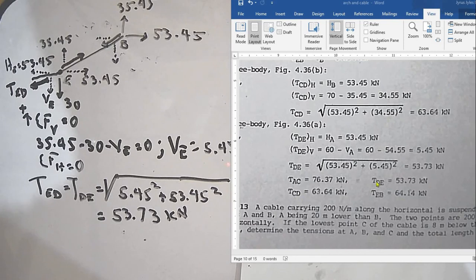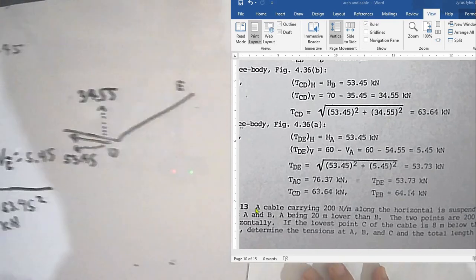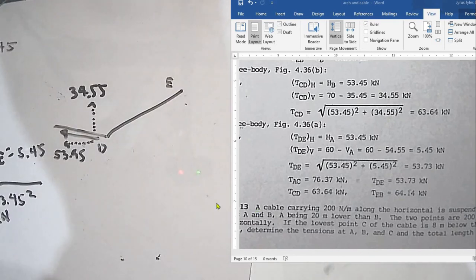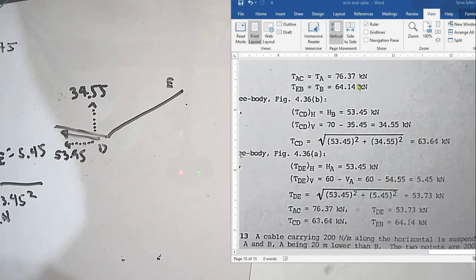TAC, tension CD, tension DE, tension EB. Okay, so tension DE, 53.73, ito yon. Tapos, tension EB is, oops, in-erase ko na pala kanina. So, tension EB is 64.14. Ayun.